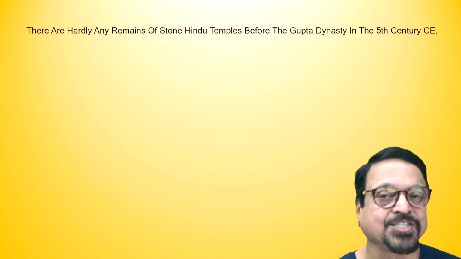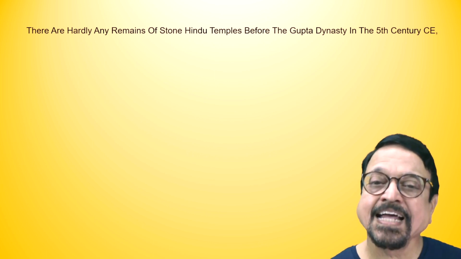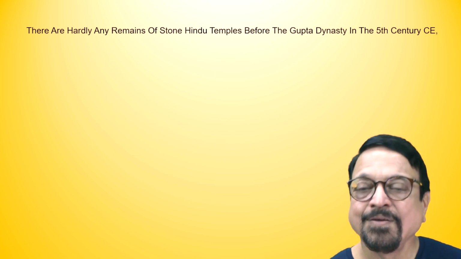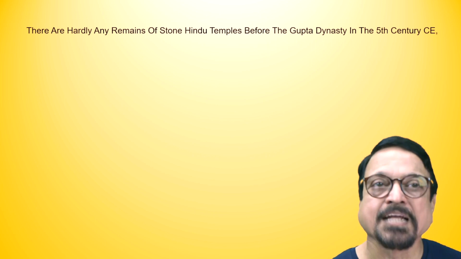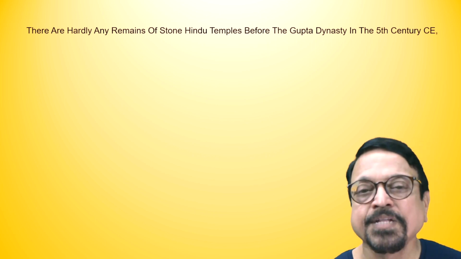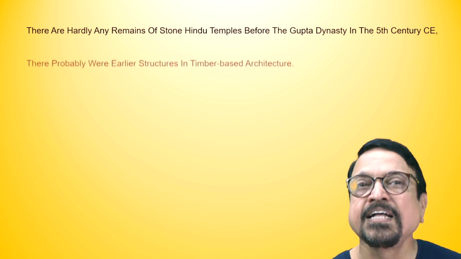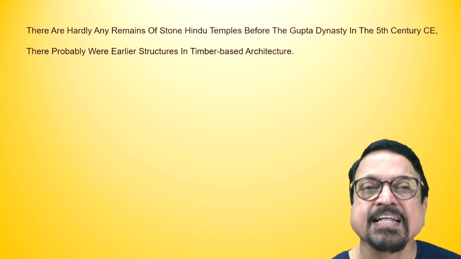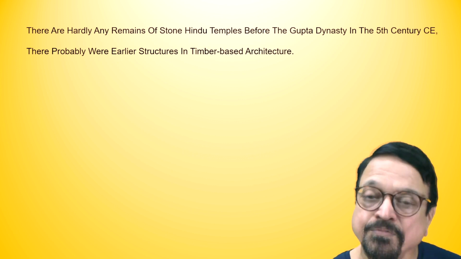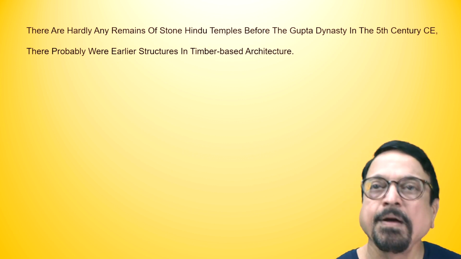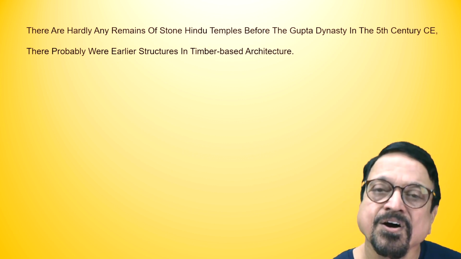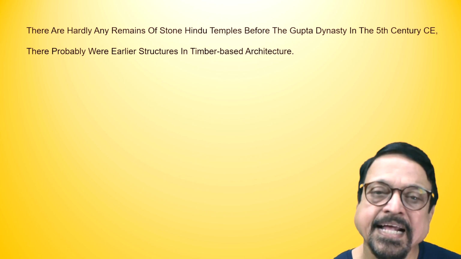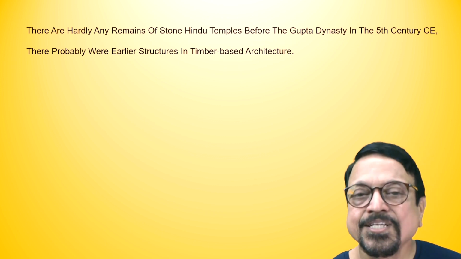Obviously they did not last. But ever since they started cave cut, we have started getting evidence of the temple. That usually corresponds with the Gupta period, or 5th century of the common era. Now there are probably earlier structural timber structures.